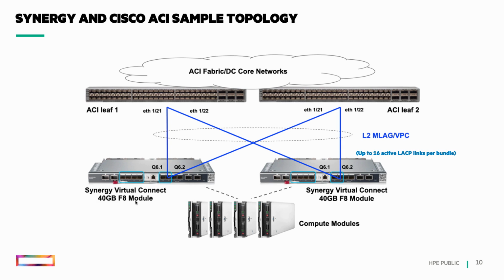It's not the latest Virtual Connect module, just due to my lab budget concerns. But all the topics discussed in this presentation apply to the Virtual Connect 100 gig module as well. So all the concepts and configuration don't change when you deploy the latest Synergy Virtual Connect 100 gig module.